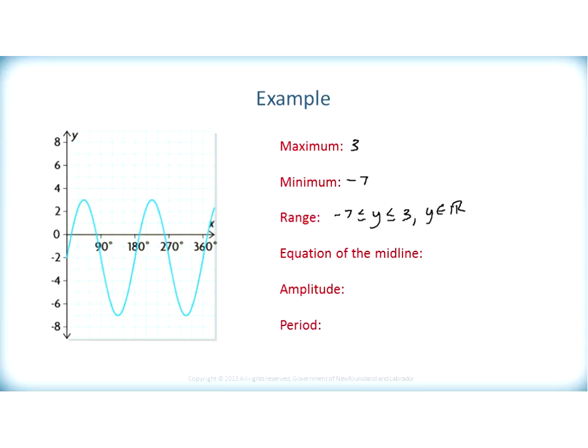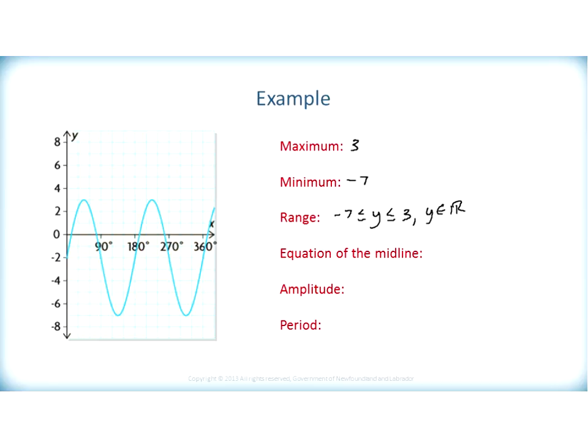Our midline, you have to be very careful too, because sometimes we may pick the middle and it's not really the middle. The midline is halfway between the max and the min, so we have the max here at 3 and the min at -7. So that would take us right up to -2.